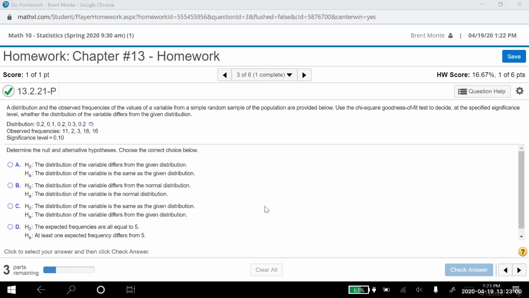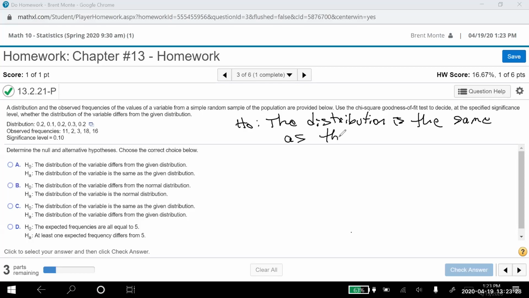So let me write on here. My null hypothesis, I'll just write it up here so we have more room. The distribution is the same as the given distribution.